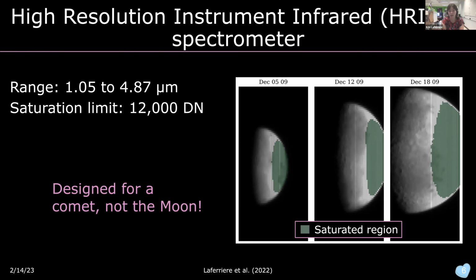This instrument was designed to look at a comet and not the moon, so the moon is a lot brighter, a lot closer to the sun. And the other thing is the resolution is not all that great in comparison to some of the instruments we have now orbiting the moon, like Chandrayaan-2's infrared spectrometer. But we were still able to get this pretty large scale view of the lunar surface.